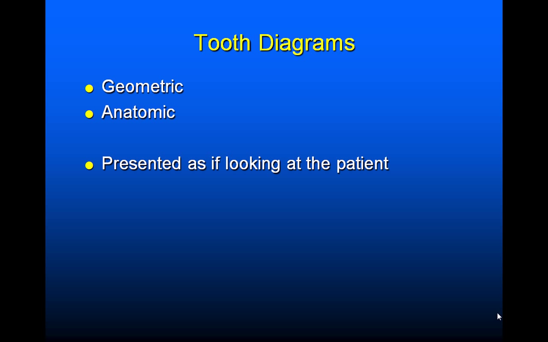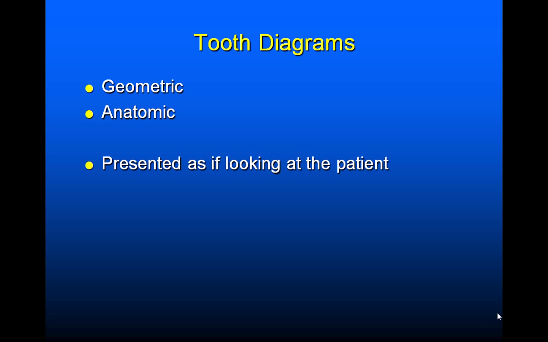The next area that you need to be familiar with are tooth diagrams. There are two common types of tooth diagrams used in dentistry. We have either geometric or anatomic diagrams. Now, whenever you look at a tooth diagram, you always look at it as if the patient is standing right in front of you.